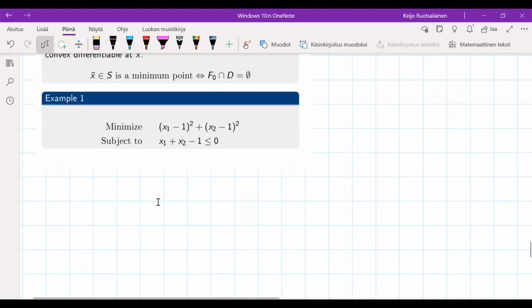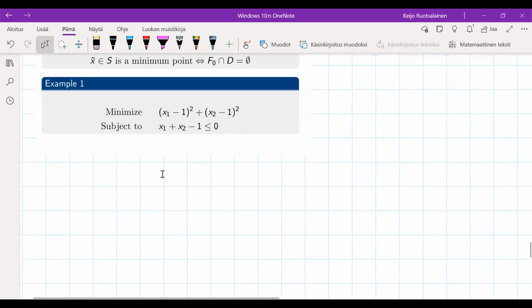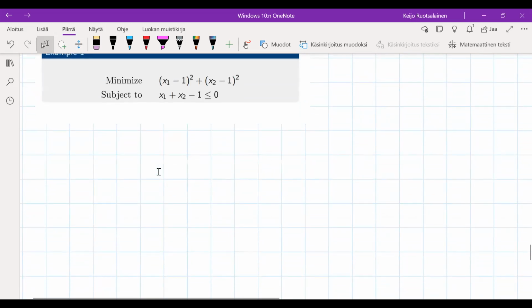So for example, let's take the following example, the next one. So I draw a circle, like this. And then I have the line x1 plus x2 minus 1 is less than 0.